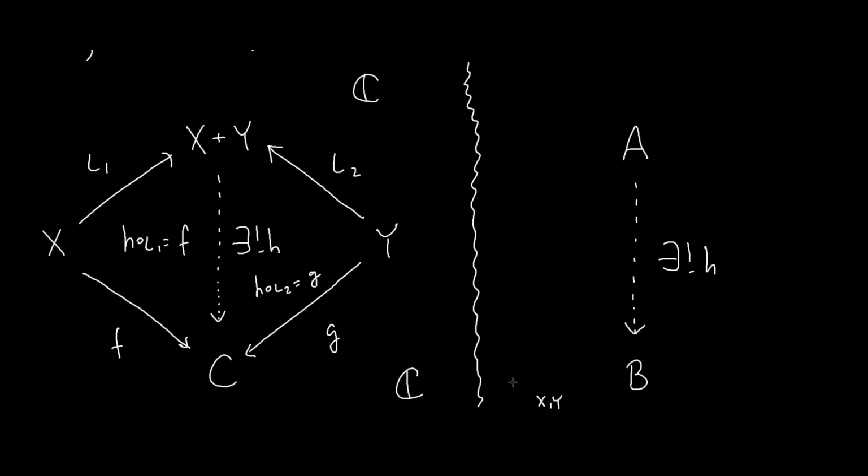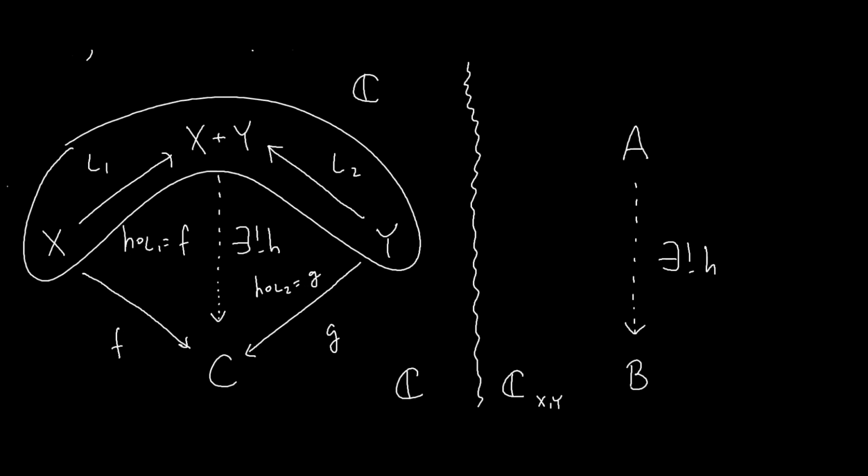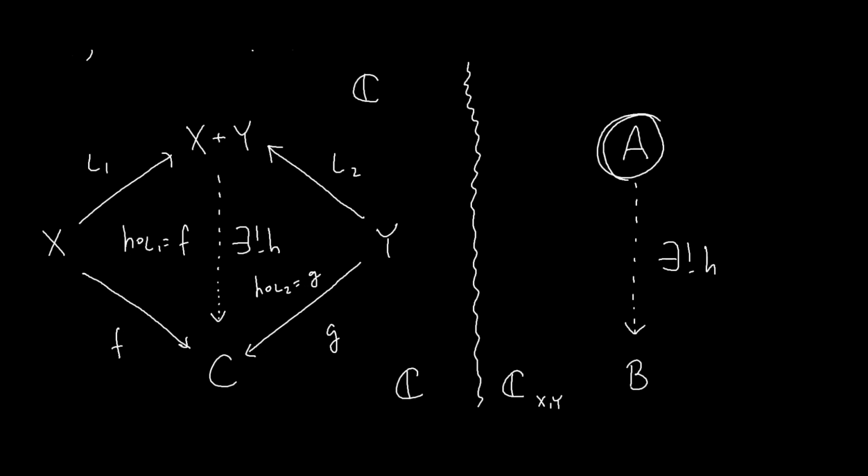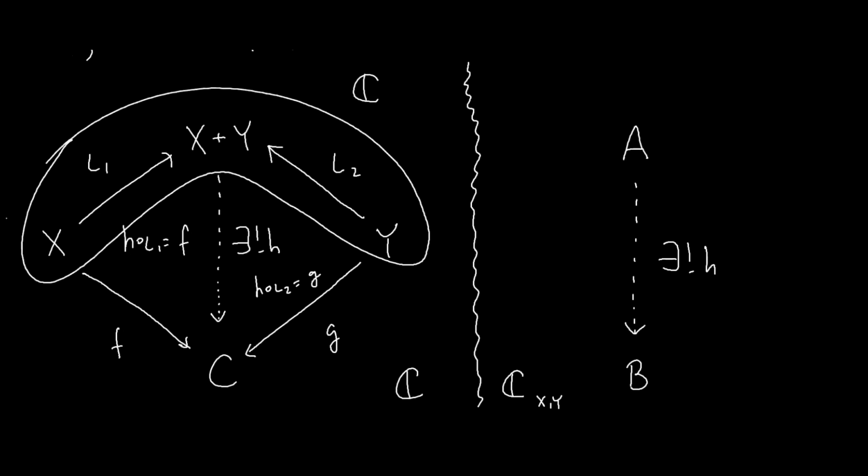I should build this other category. And perhaps I want the objects of that category, because A is one of the objects, to look similar to these kinds of diagrams, because at the end of the day, I want my initial object there to be equal to something like that.